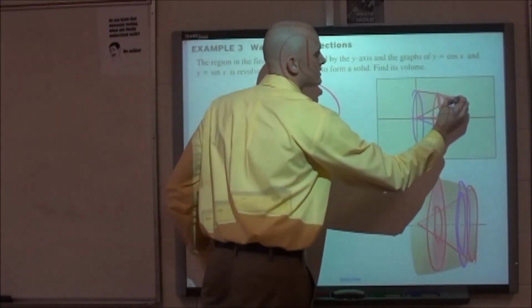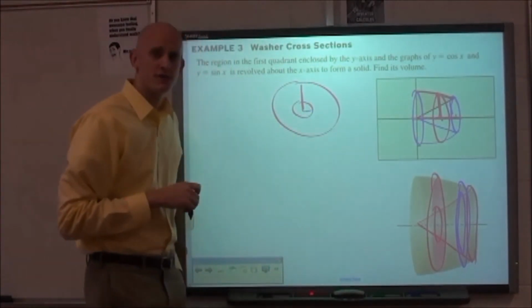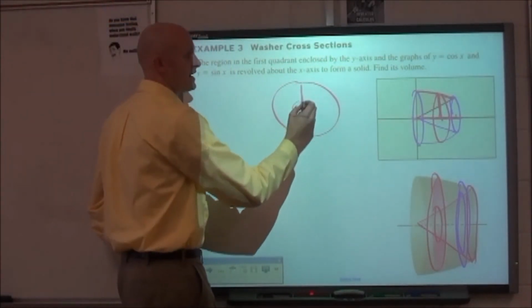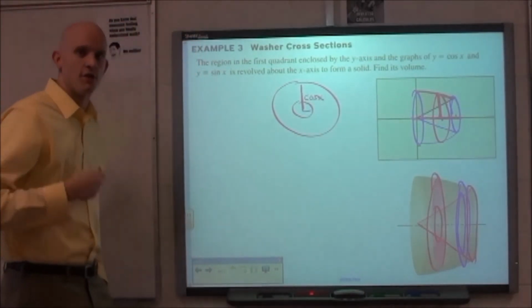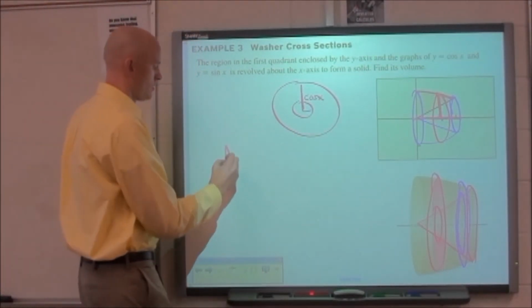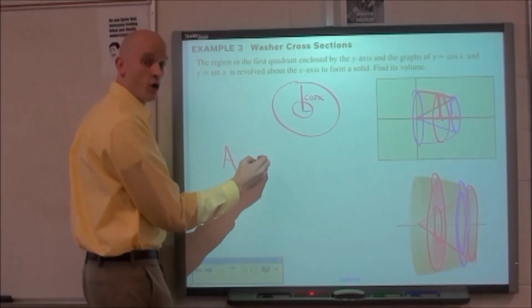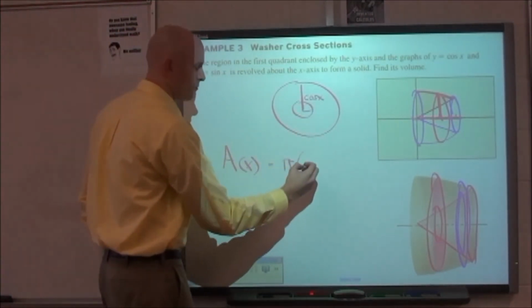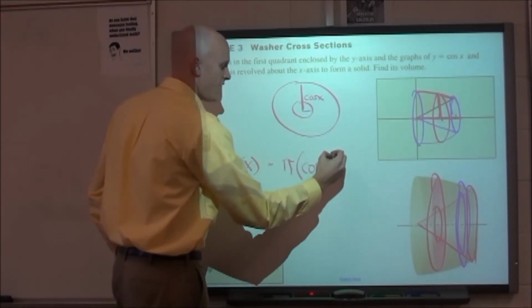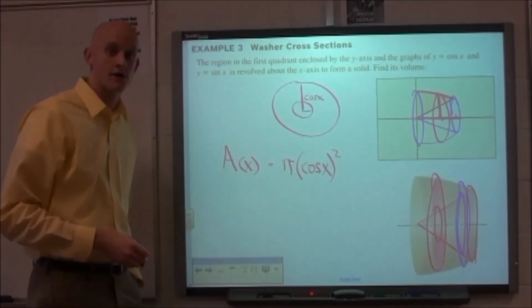Alright, so the outside curve is cosine. So this radius is given by cosine of x. So the outer function, or the total for the disk, is pi multiplied by the radius cosine of x squared, pi r squared.